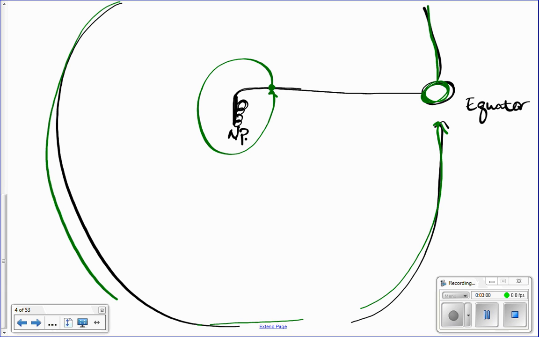The one up close to your hand doesn't have to travel as fast to complete one rotation, whereas points out at the equator have to travel much faster in order to complete one rotation in the same amount of time. So basically, if we shoot off a rocket or a weather balloon from the North Pole, aiming it down towards the equator, the points at the equator are moving much more quickly than the points up here at the North Pole.